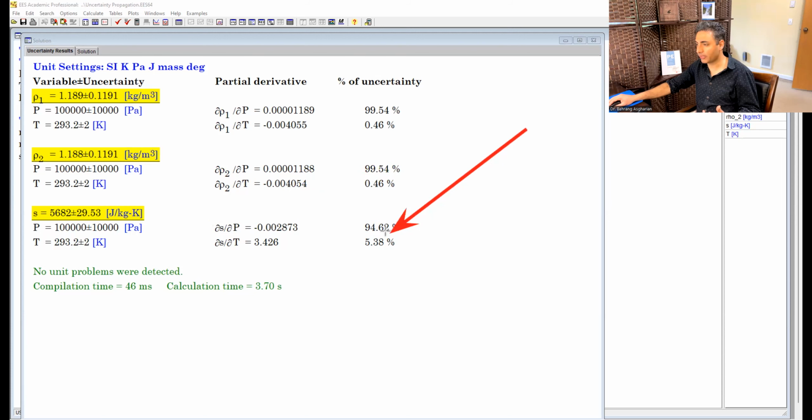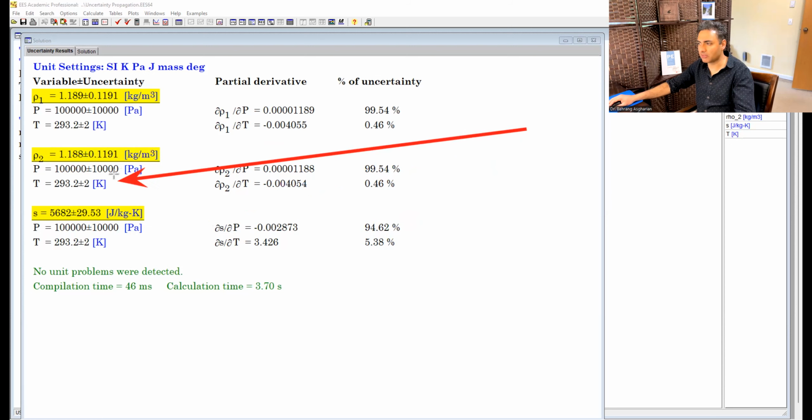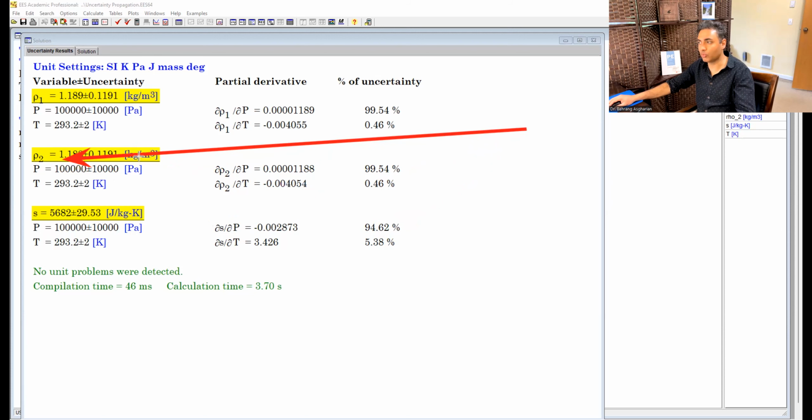So it looks like entropy is more sensitive to temperature in this case, right? As opposed to density, which was not that sensitive to temperature. It was more sensitive to the uncertainty of pressure. So these are cool things that you can consider by just looking at it. And it's a very cool thing that EES has.